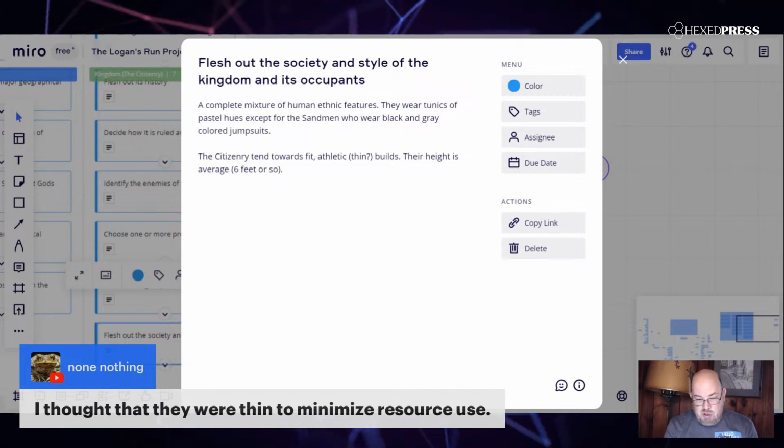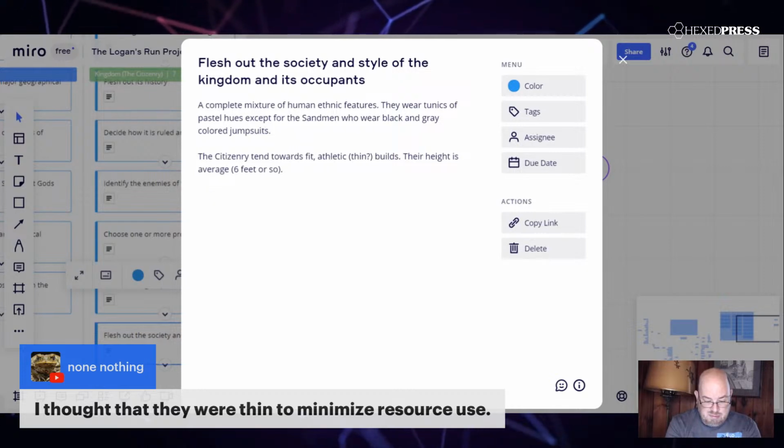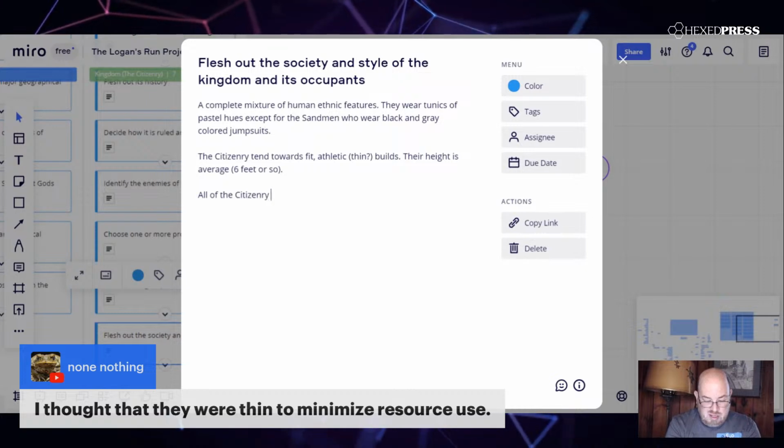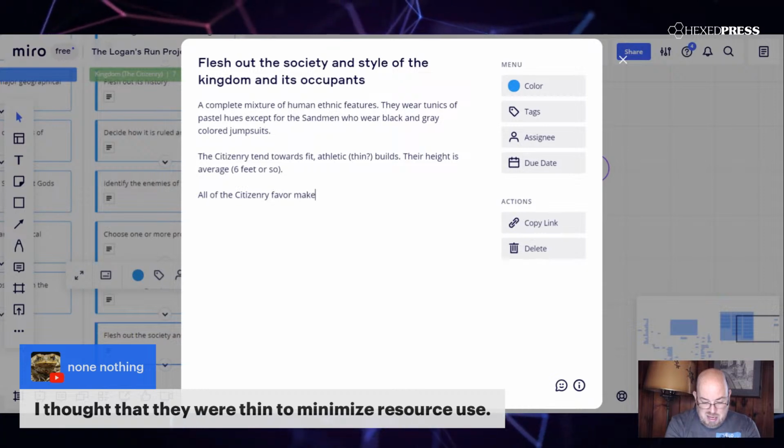Common forms of adornment. They wear tunics. I suppose I'm going to say that they're kind of part of their sort of decadence. All of the citizenry favor... what's the word I'm looking for?